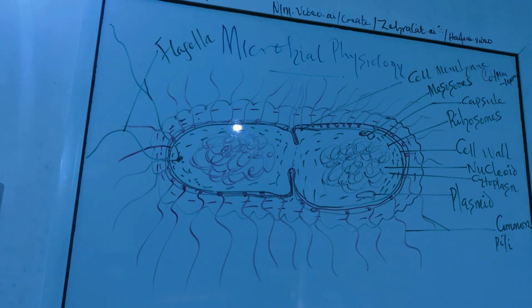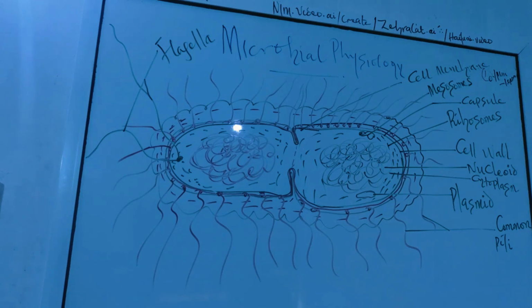It is not just there for the sake of being there. So it has its own purpose, and you can see, apart from the pili that are numerous, this one also has what is called a flagella.